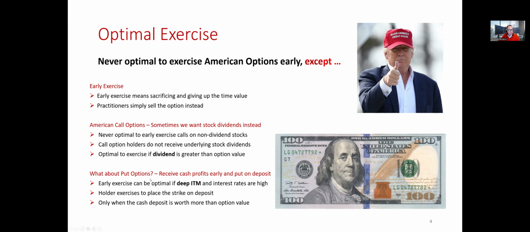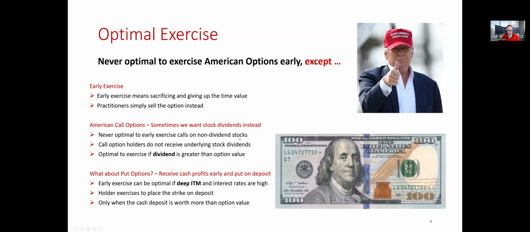Now, American call options, the right to buy at the strike price. Sometimes we want stock dividends instead of the option, and it may be optimal to exercise a call option depending on dividend levels. Let me explain. It's never optimal to exercise calls on non-dividend stocks.